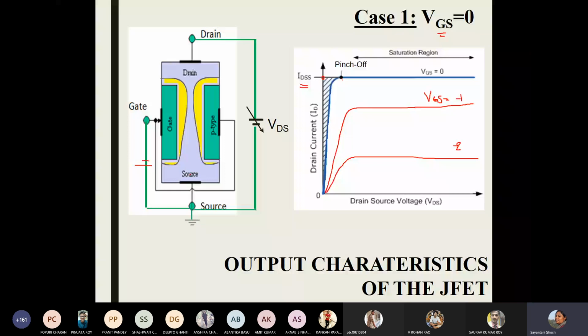And the different graphs that I will get for different values of VGS will just have different slopes to start with.